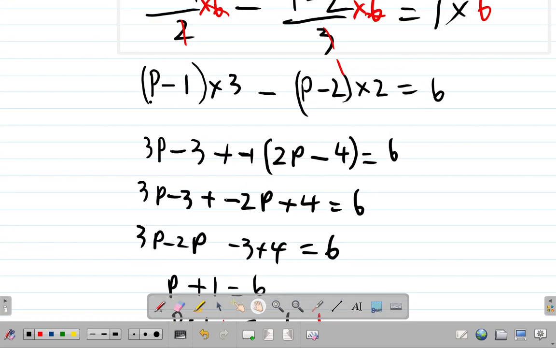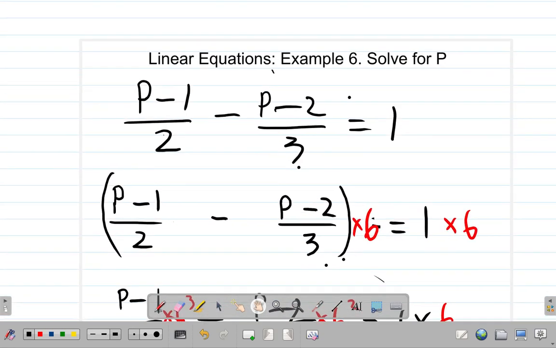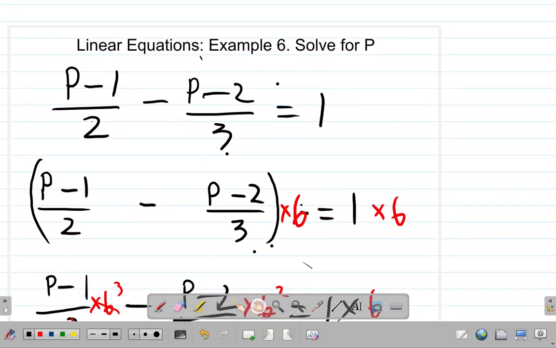Let us carry out a little test to see if we are correct. We have p minus 1 over 2 minus p minus 2 divided by 3 is supposed to be 1. And we said p was 5. So if p is 5, we erase p and put 5 there. 5 minus 1 is 4.